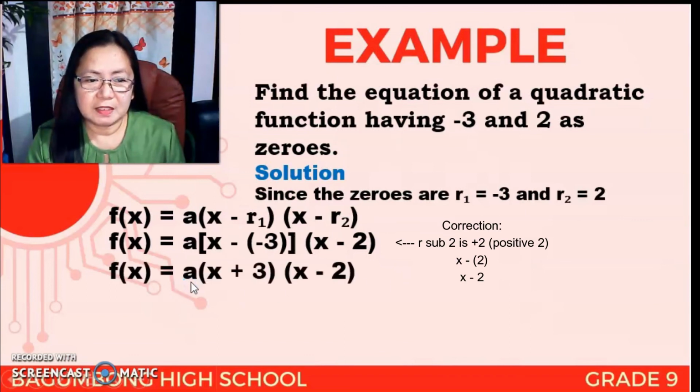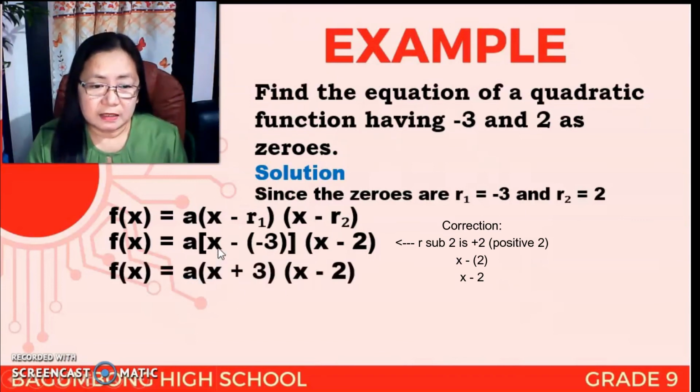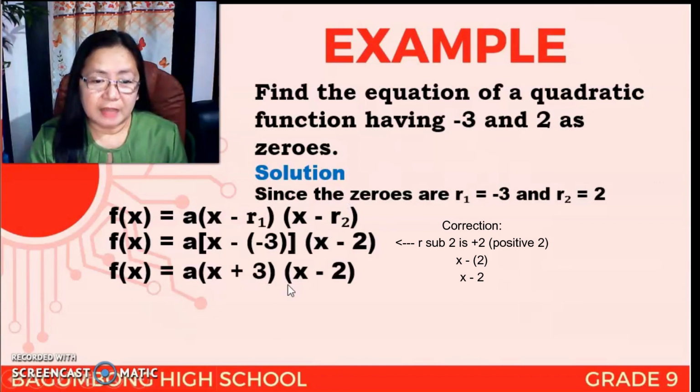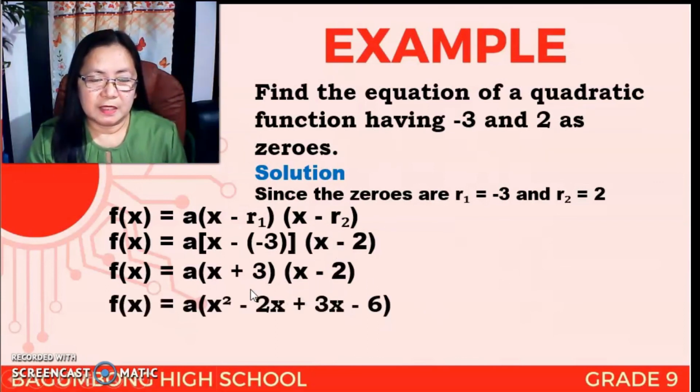Simplify. f of x is equal to a times x minus negative 3 is x plus 3 times x minus 2. Then by using the FOIL method, f of x is equal to a, x times x is x squared, x times negative 2 is negative 2x, positive 3 times x is positive 3x, and positive 3 times negative 2 is negative 6.